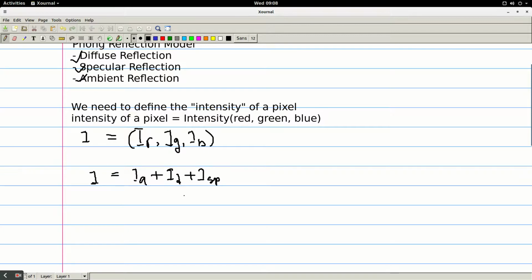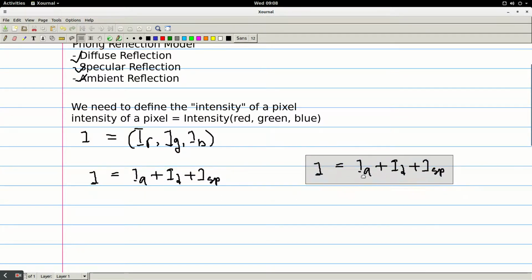Okay. Now notice what I'm writing over here. I'm writing this as a vector, and over here this is an addition of three different components, and I'm not really talking about any particular color because they mean the same whether you're talking about the red, green or blue. So let me make a copy of this.